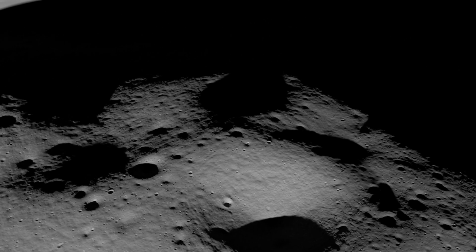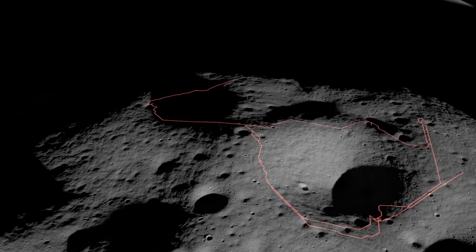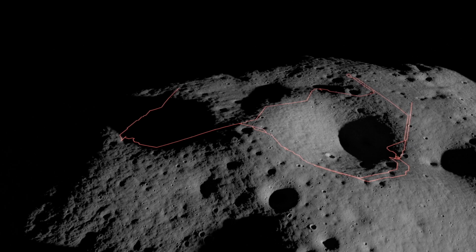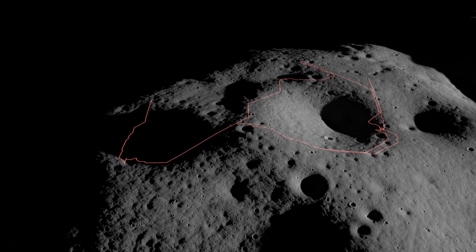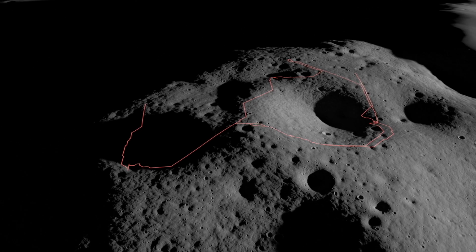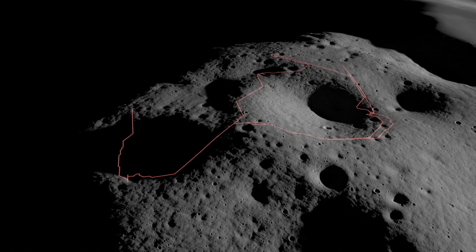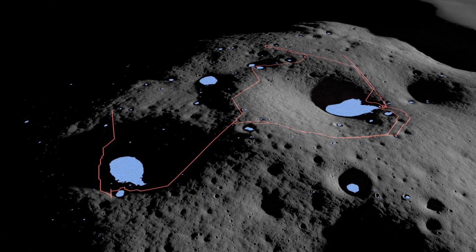One of the main goals is to enter into these permanently shadowed craters on the moon and then drill into the subsurface and collect drill samples from these permanently shadowed regions. The reason is that it's believed there's a higher likelihood of finding water ice or other volatile compounds that have been trapped in these lunar permanently shadowed regions.